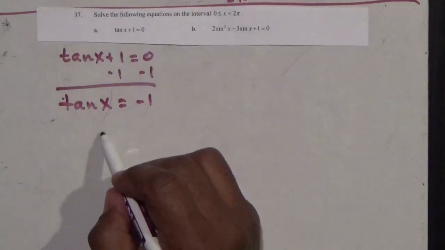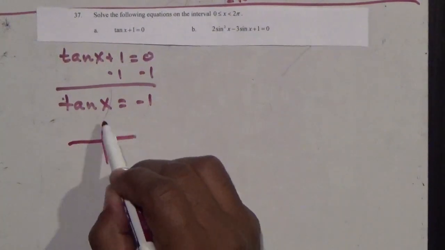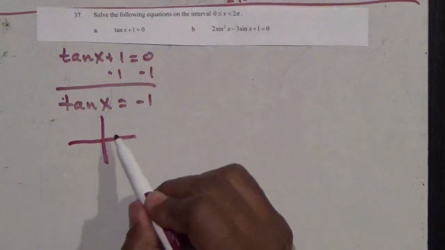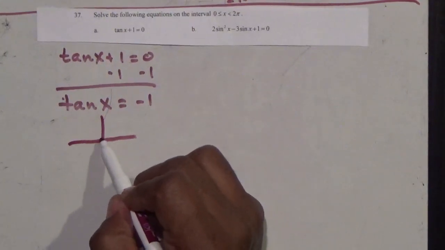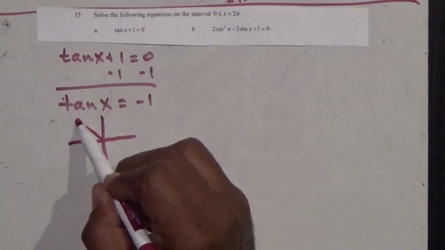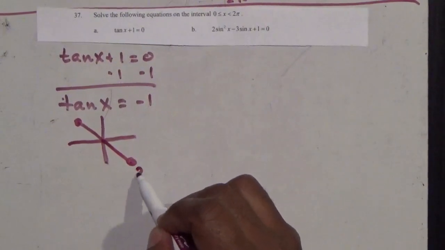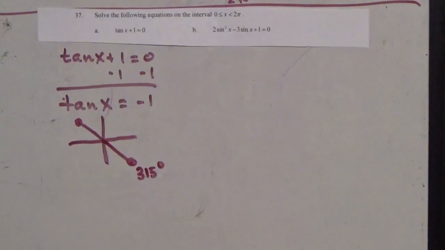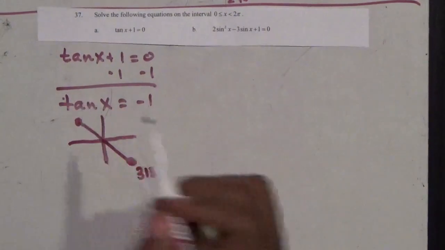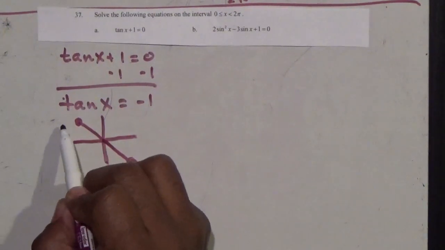Now, where's tan x equal to negative 1? It should be at some of the negative diagonals for tangent. That would be in the second quadrant and in the fourth quadrant. That's 315, and this is what, 135?